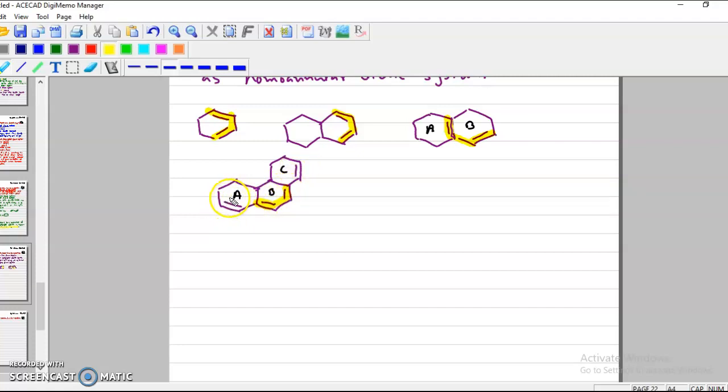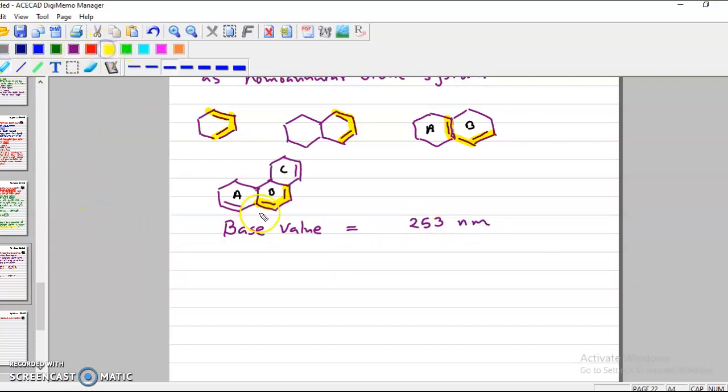But that is called extension of this diene system. The basic system remains homoannular diene system. So these are all examples of homoannular diene system, and base value for homoannular diene system is 253 nanometer, which will be given to you when you have to calculate numericals.